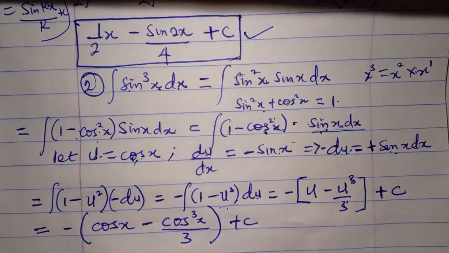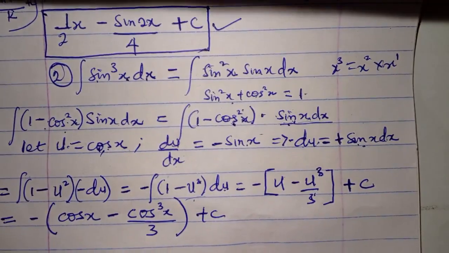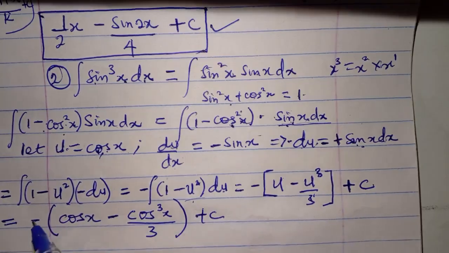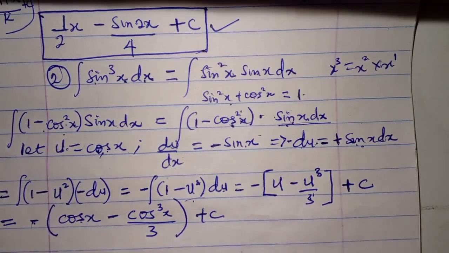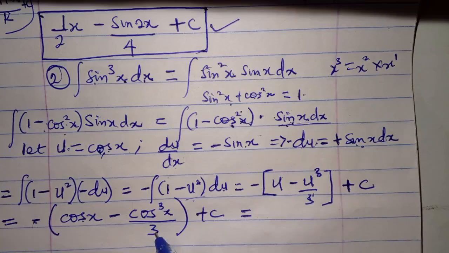plus c. So we can choose to leave it this way, or if we expand the bracket, with the minus 1 outside, minus times cos x, that's minus cos x, minus times minus cos cubed x over 3, that will be plus cos cubed x over 3.